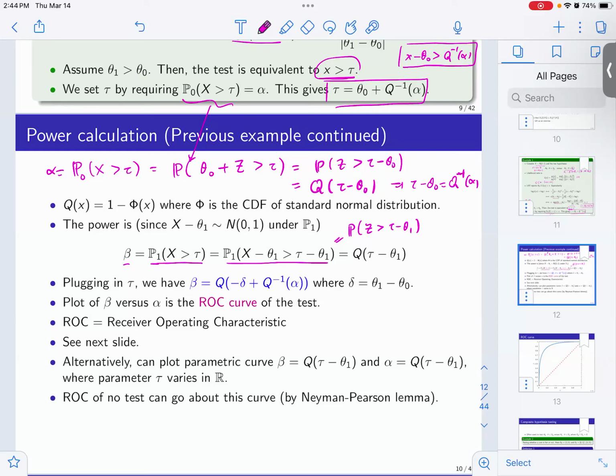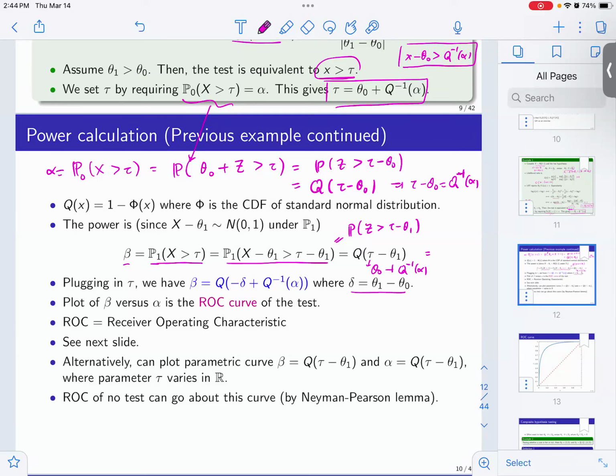I can replace this tau with this value, and I get the power like this. If you plug in theta naught plus Q1 alpha, I define delta to be theta 1 minus theta naught.